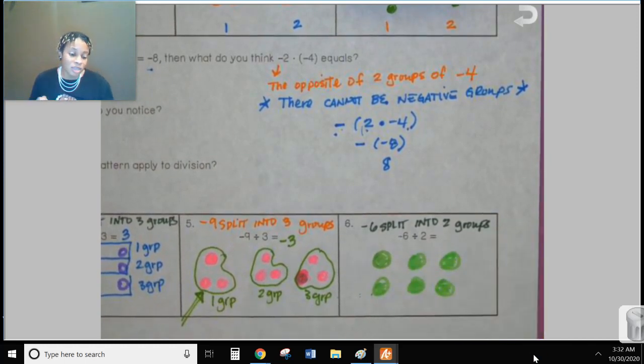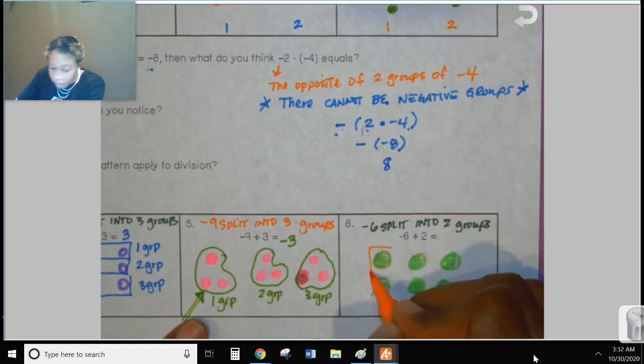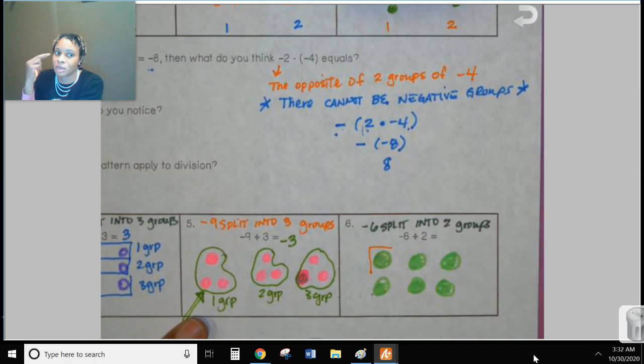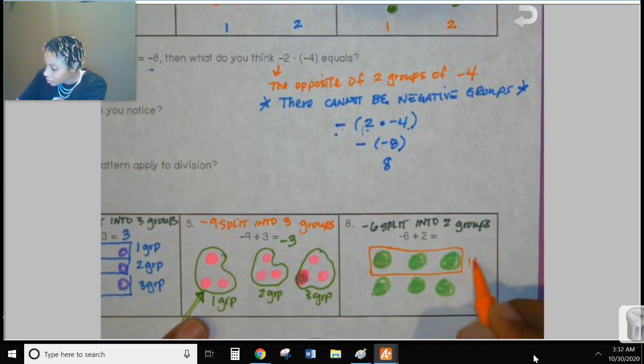And I want to take these counters and break them into 2 groups. Thinking ahead. 1 group, 2 groups.